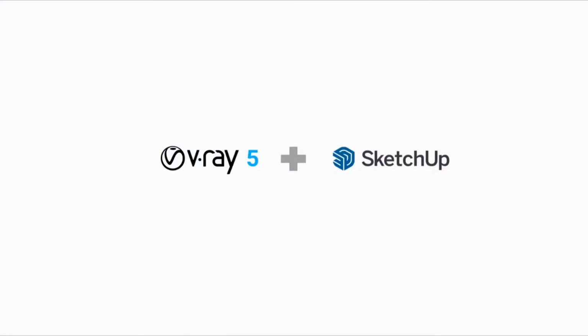VRay 5 for SketchUp will be compatible with SketchUp 2017 and above versions. We know that VRay is one of the best rendering applications, and SketchUp is one of the best 3D modeling applications. In the latest version of SketchUp, there are a number of new exciting features like live component, new tag management system, and pre-designed for site-specific climatic analysis and solutions.